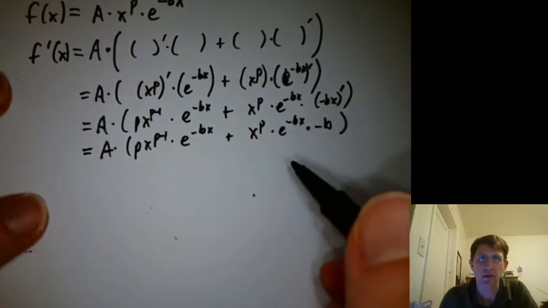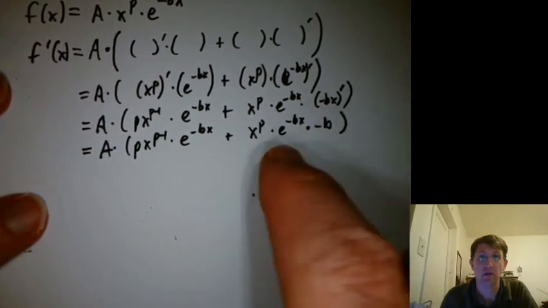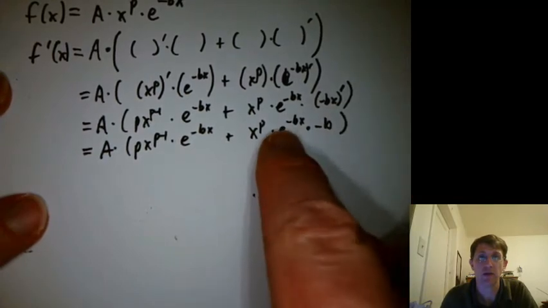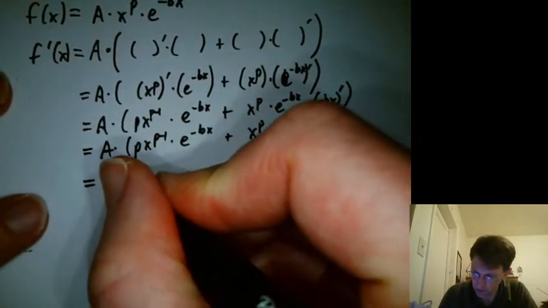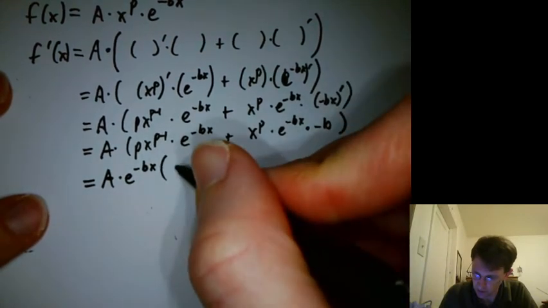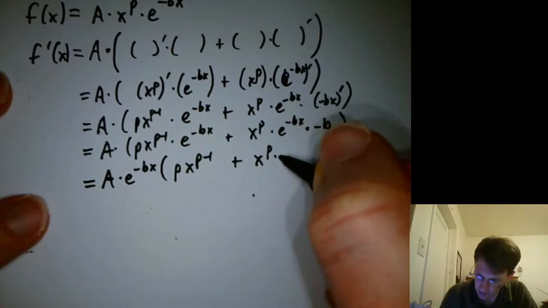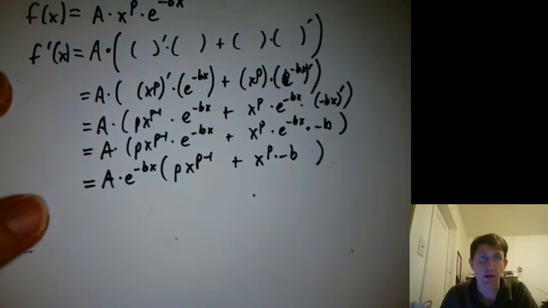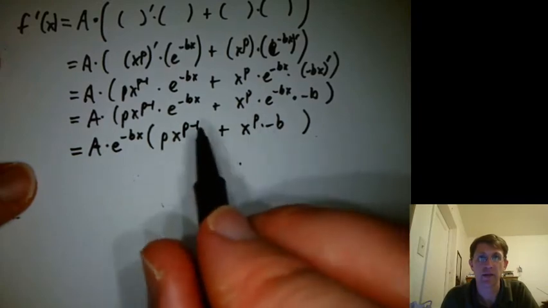All right, so we want to set this equal to 0 and solve. Yuck. But we've got two e to the minus bx's. We can factor that out. Maybe that'll help. So we'll get a times e to the minus bx times p x to the p minus 1 plus x to the p times negative b. And then we notice we've got x to the p and x to the p minus 1.